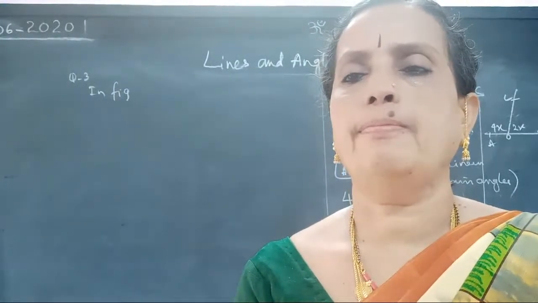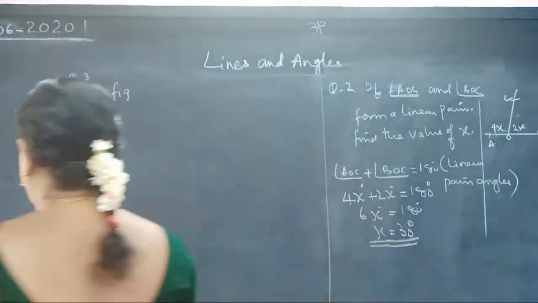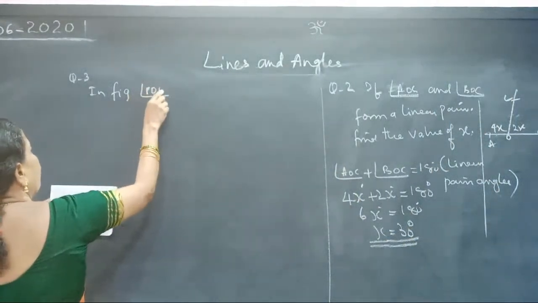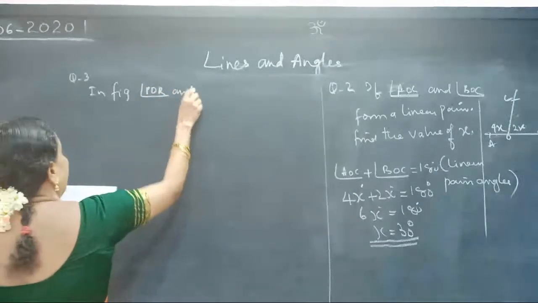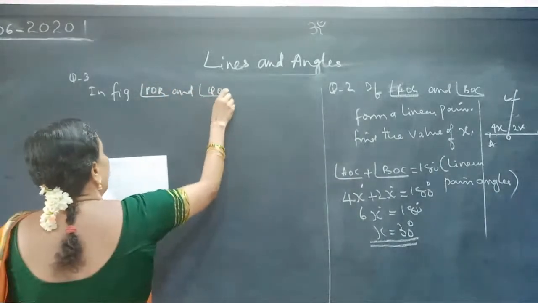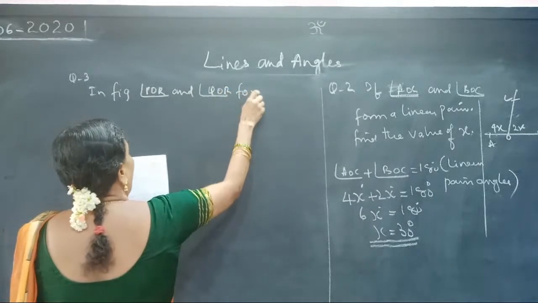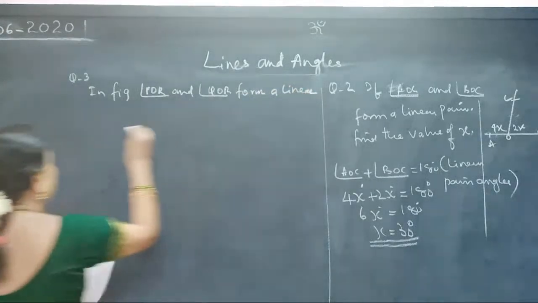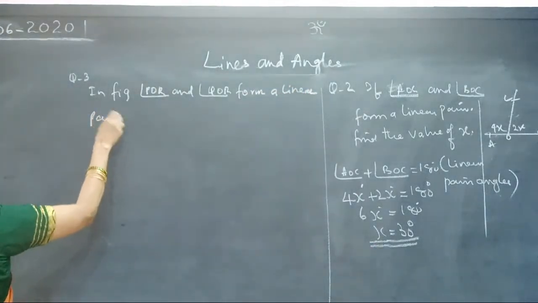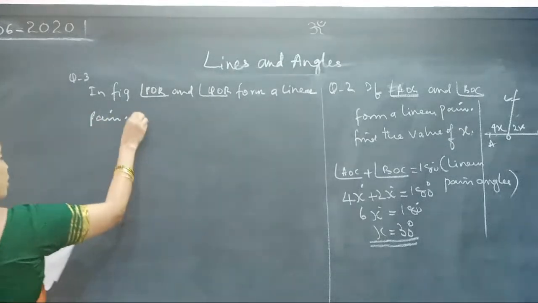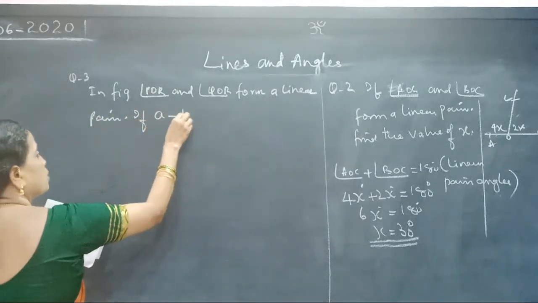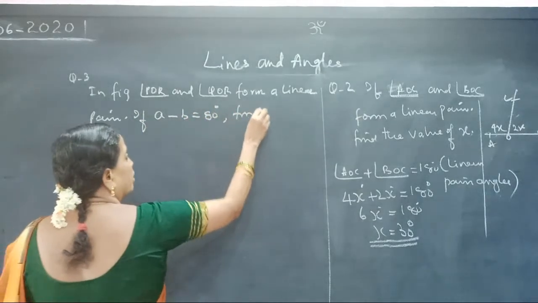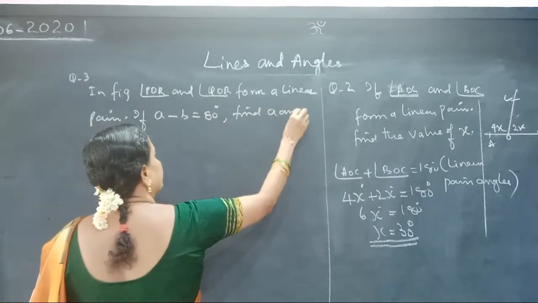In figure, angle POR and angle QOR form a linear pair. Whenever they mention linear pair, it is understood sum is 180 degree. If A minus B equals 80 degree, find A and B.